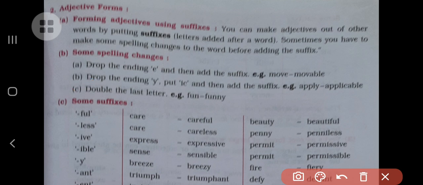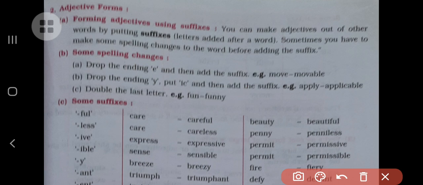Here you can see the third method. By doubling the last letter, we can also form the adjective. Here the example given is fun. Fun is the spelling. Fun is actually a noun, and when we want to convert it into an adjective, we have to double the last letter.